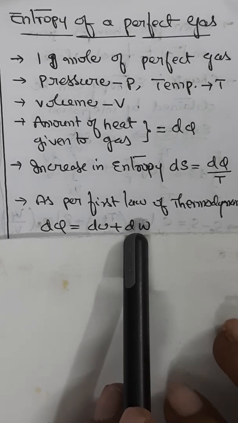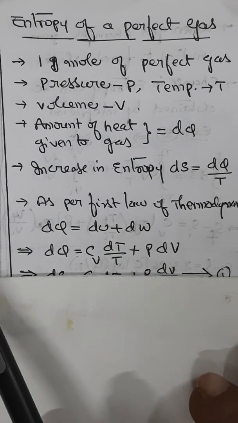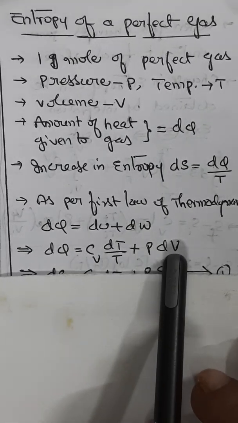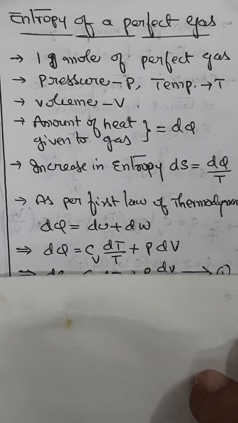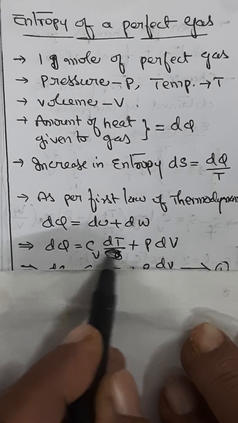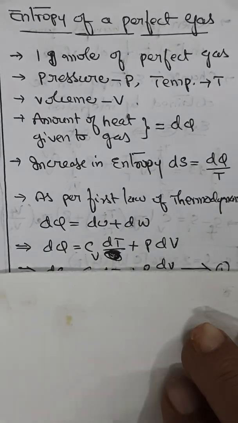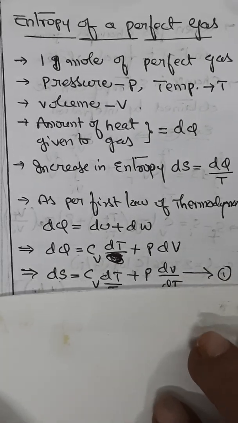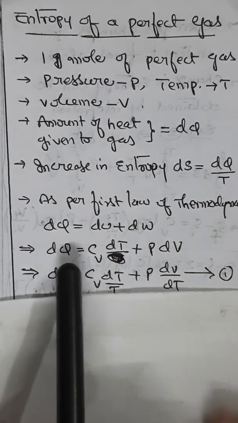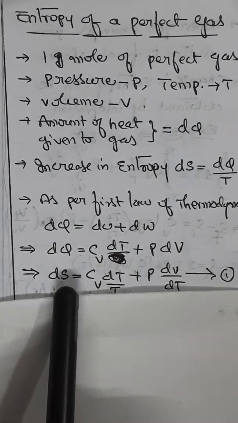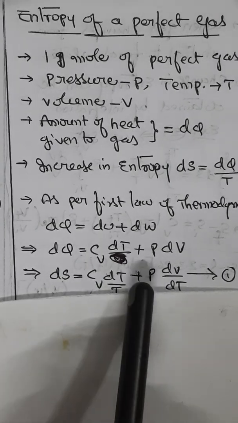So at constant volume, instead of dU you can write Cv dT, giving dq equal to Cv dT plus PdV. Or you can represent the same in terms of entropy as dS equal to Cv dT by T plus PdV by T.